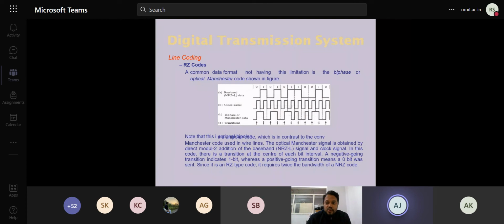To decode, the receiver just needs to check where there is a transition.